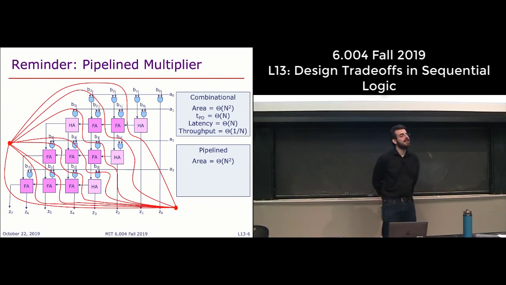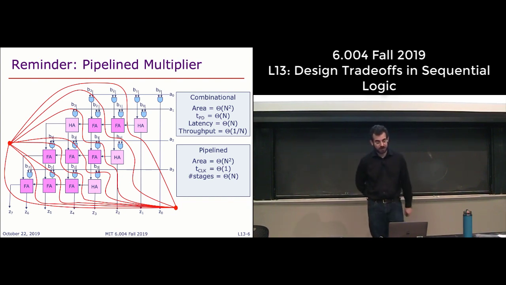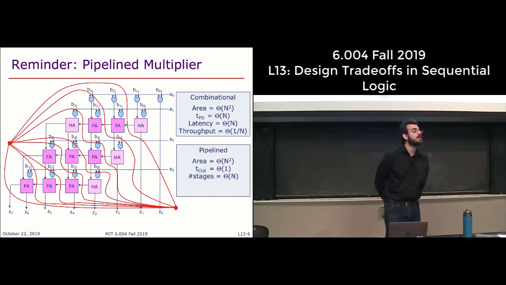Does how fast I can clock this circuit depend on the number of bits of the input? I see some of you saying no, right? That's because I always have a constant amount of logic between each stage. So my clock cycle time is now constant and very small. Now the trade-off is that I have order n stages. In fact, I have 3n minus 4 stages in general. Here I have 8 pipeline stages.